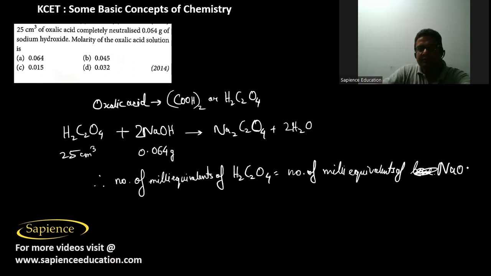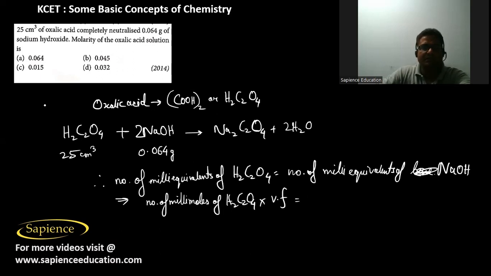Which is NaOH here. Now the number of milliequivalents is the number of millimoles of the oxalic acid H2C2O4 times the valency factor of H2C2O4 is equal to, and here the valency factor of oxalic acid will be obviously 2, since it will give 2 H+ ions, and the valency factor of NaOH will be equal to 1, since it will give only one hydroxyl ion, only one OH- ion.